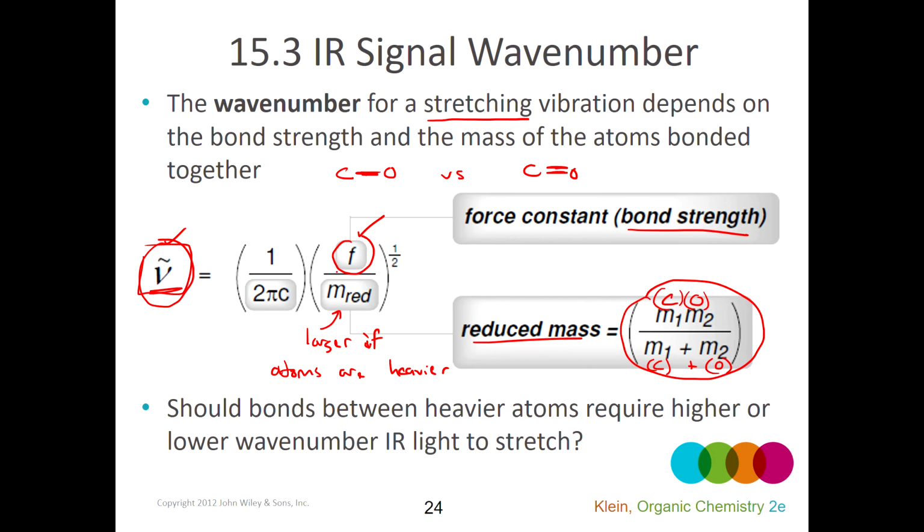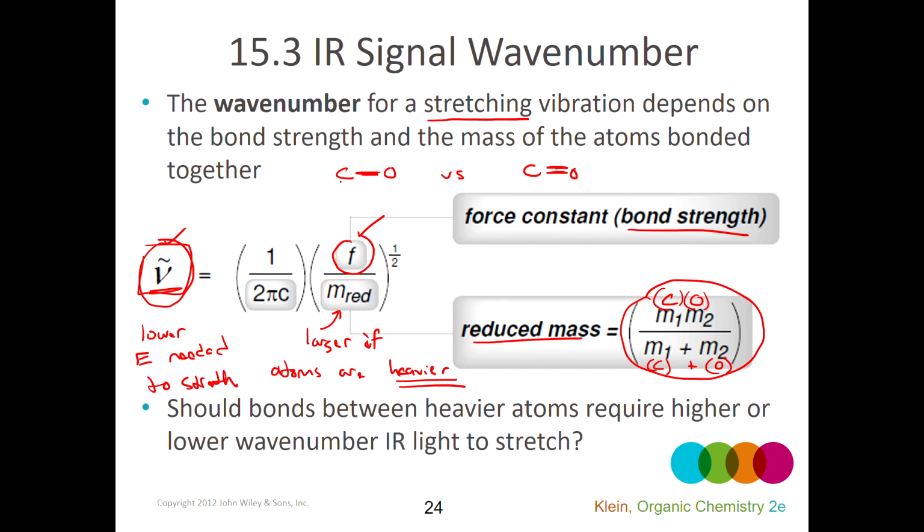But this is on the bottom of this fraction. So when I divide by a larger value for heavier atoms, it means actually less energy is required to stretch that. We said that earlier: the heavier the atoms, the lower the energy needed to stretch them.